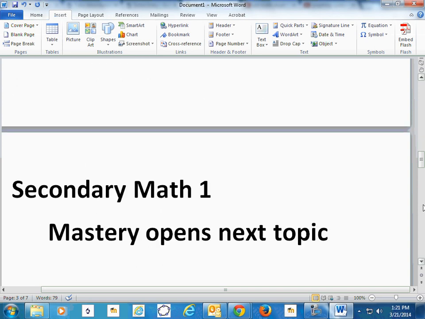Secondary Math 1 is set up right now so that mastery is required to open the next topic. I've found that students should learn how to solve equations before they try to solve systems of equations, for example. And so that's why it's set up the way it is. But you would have to answer questions to move through that.